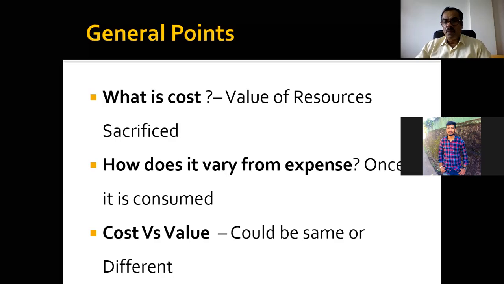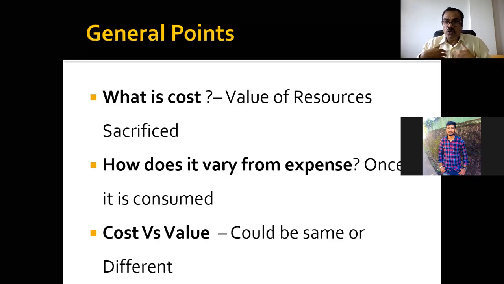Assume that, due to some other reason, you decided to sell at 50, not keeping any profit. If you sell it at 50, then to the consumer who buys by paying 50, his resources of 50 go up. So there is a value embedded in that 50. That is the value.